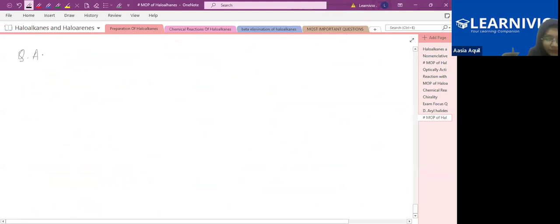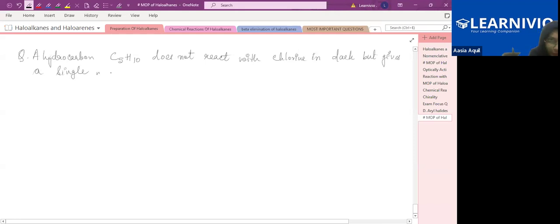The question is: a hydrocarbon C5H10 does not react with chlorine in dark, but it gives a single monochloro compound, C5H9Cl, in bright sunlight. Identify the hydrocarbon.